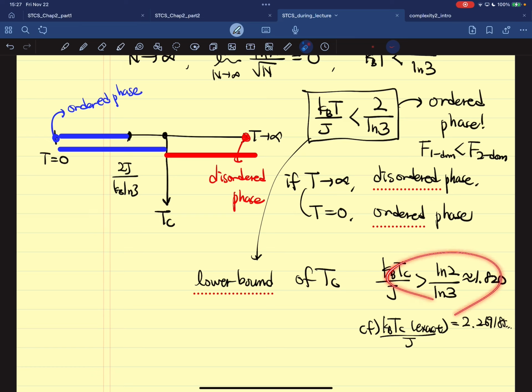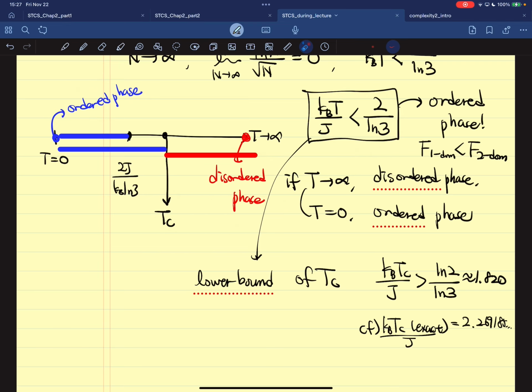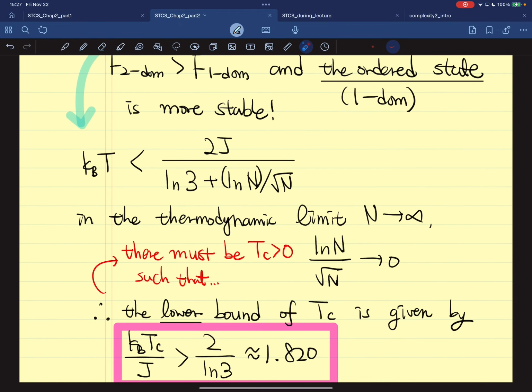Well, not quite a close approximation, but still, we are correct about this estimation because the Tc is larger than this value. So this argument, because this inequality guarantees the ordered phase below this point, there must be some Tc above this level that distinguishes between the ordered phase and the disordered phase. And so this is a very nice argument to actually prove that.